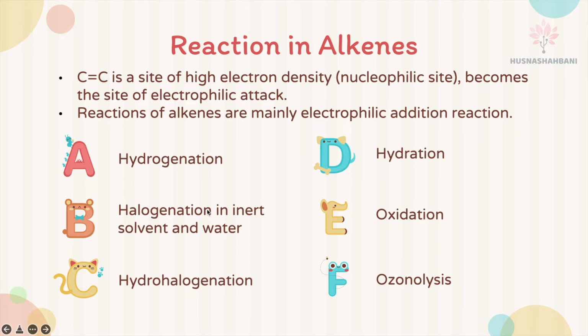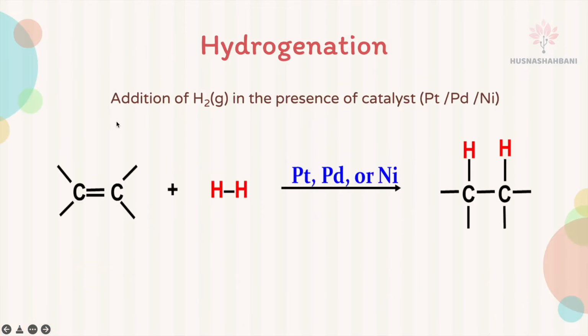The reactions in alkenes are hydrogenation, hydration, halogenation in inert solvent and in water, oxidation, hydrohalogenation, and ozonolysis. Hydrogenation is an addition of hydrogen gas in the presence of a catalyst: platinum, palladium, or nickel.